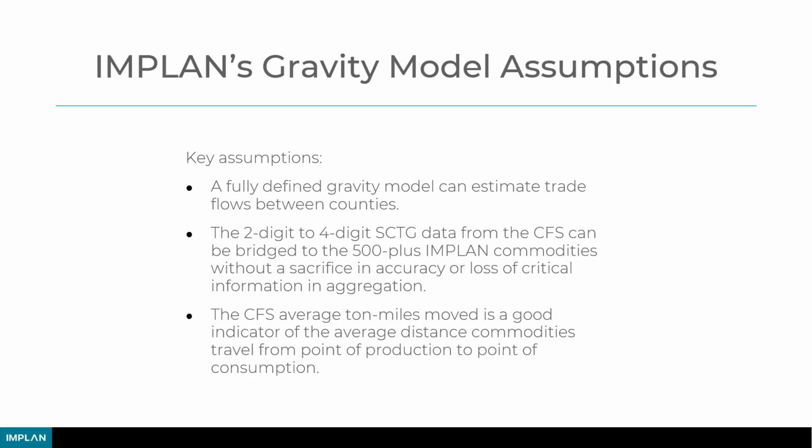This is a process that we run on an annual basis, and we've become really good at working with these data and making the standard classification of transportation goods data, commodity flow survey data talk to and bridge to the 500 IMPLAN commodities. And then finally, the commodity flow survey average ton miles moved is a good indicator of the average distance commodities travel from point of production to point of consumption. And we found through experience and general analysis that is reasonable as well.